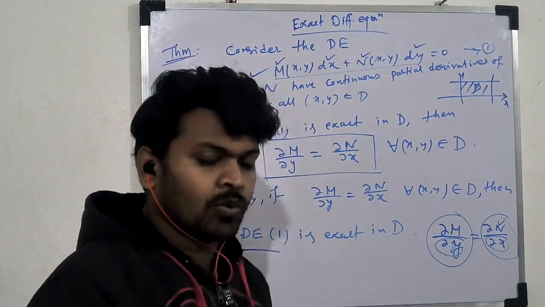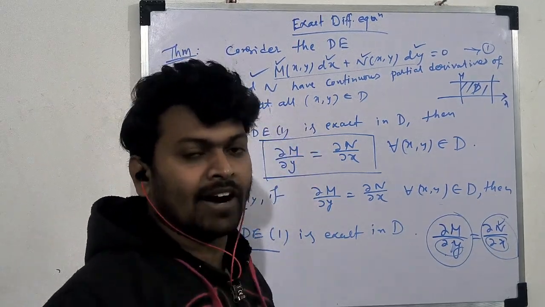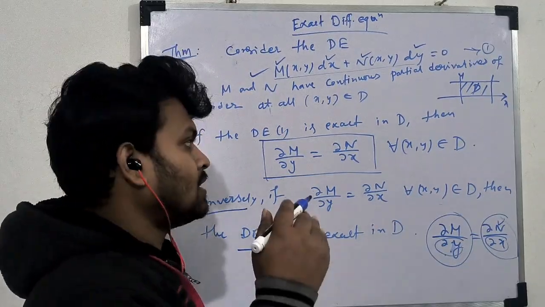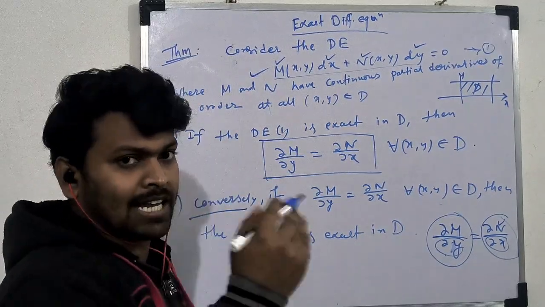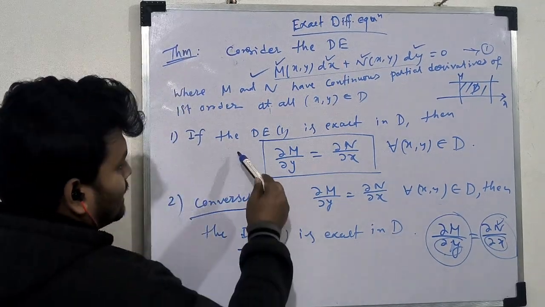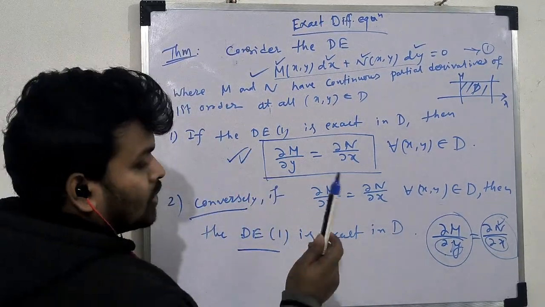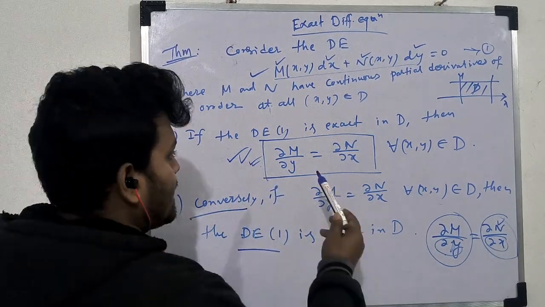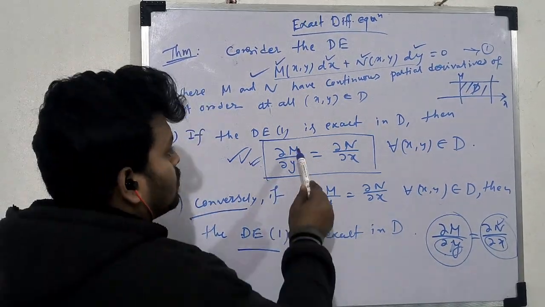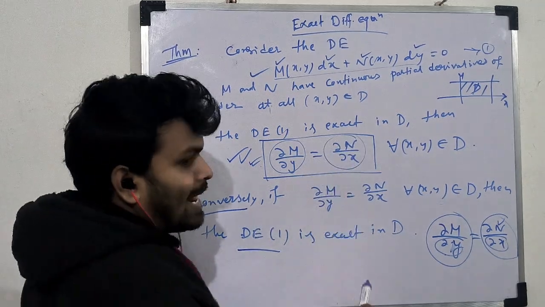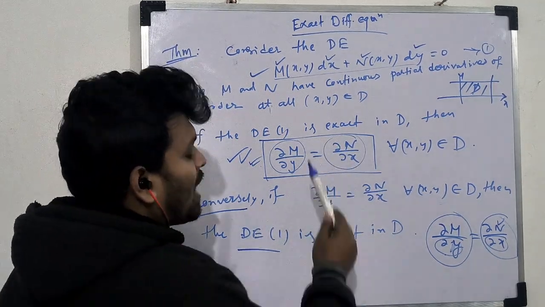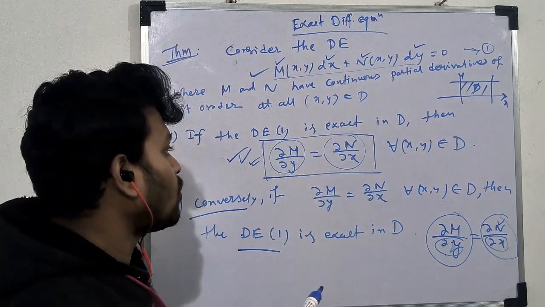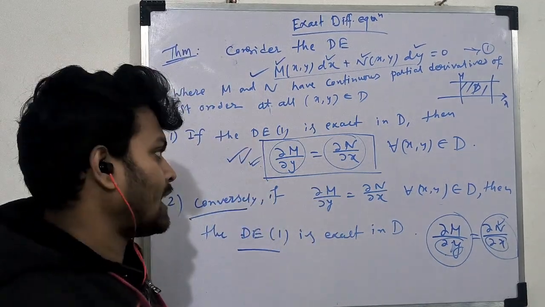So whenever you are given a differential equation and asked to check whether it is exact or not, you have to check this relation. You find these two quantities and check whether they are equal or not. If they are equal, you can conclude that the given differential equation is exact.